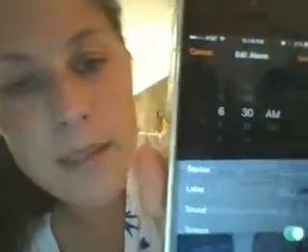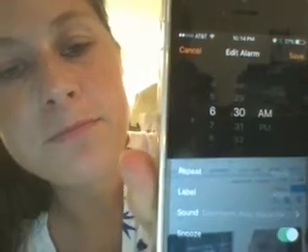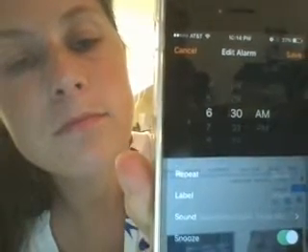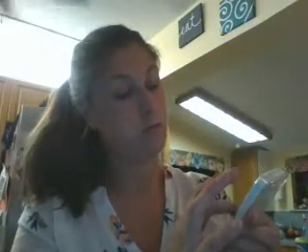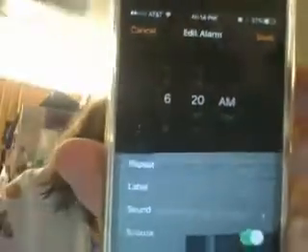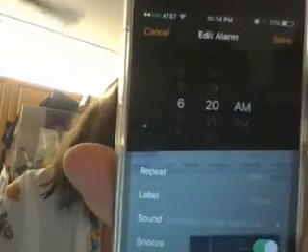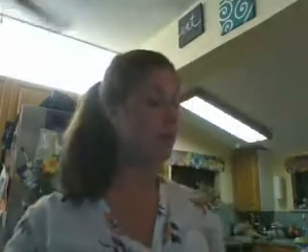Can anyone tell me what time is highlighted right there? Excellent. 6:30. Let's try one more on a digital clock. How about this one? Good job. It's 6:20.